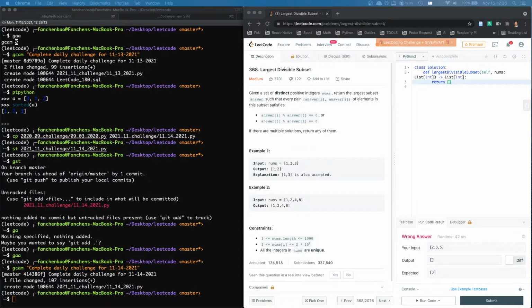How do I know if any of those can include me? What I can do is, I have the group, a 2, 6 group, a 3, 6 group, right?